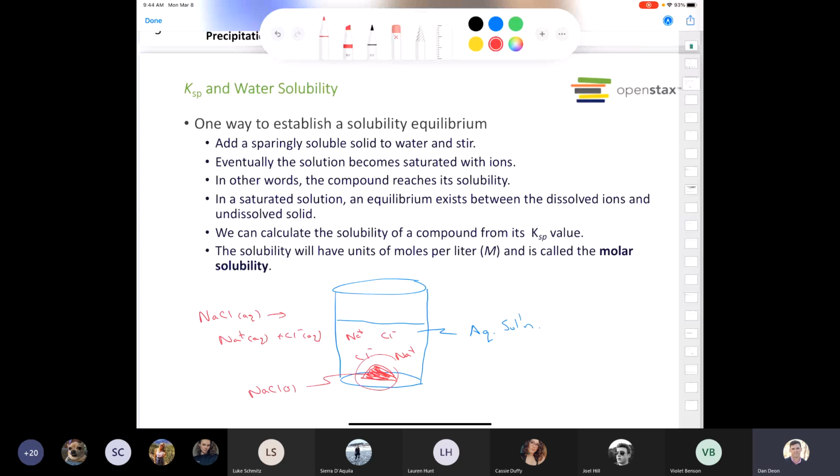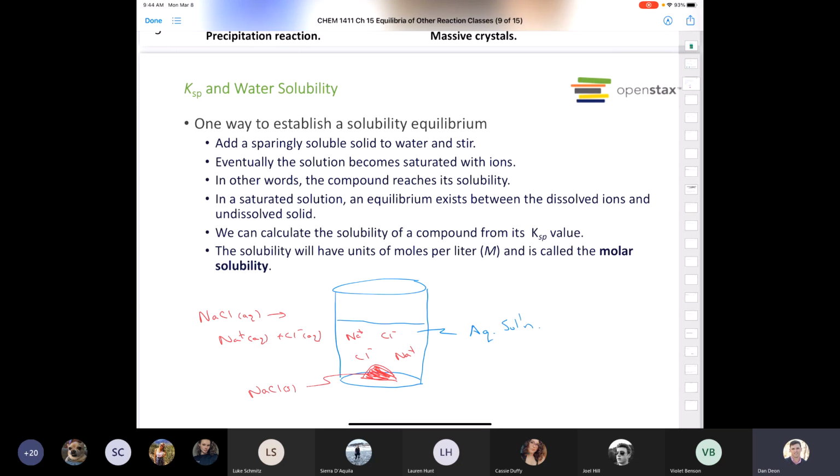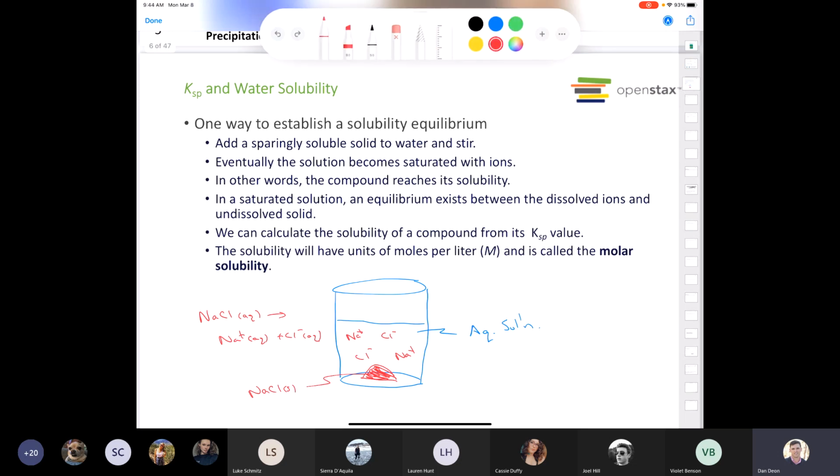You just see a pile of sodium chloride and a homogeneous solution surrounding it. But the reality is this: there's a dynamic equilibrium at play between that solid sodium chloride sitting at the bottom and the sodium and chloride ions. It doesn't look like anything's happening, but there is an equilibrium that exists between the dissolved ions and the undissolved solid. You don't see it, but it's happening. Trust me.